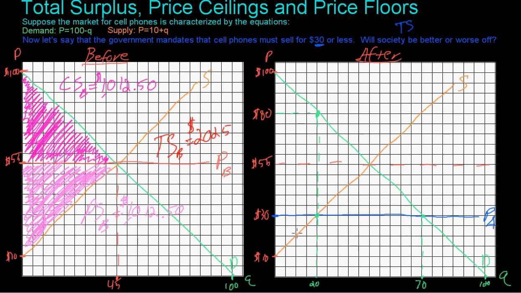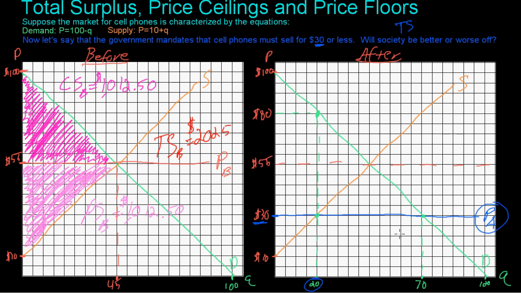So we know what the market price is. It's this right here, P sub A, which is $30. Now we need to find the market quantity. That will be 20 cell phones, because that's how many cell phones will be supplied. There will be 20 cell phones supplied to the market because that's all that the producers will want to produce at $30 a cell phone.